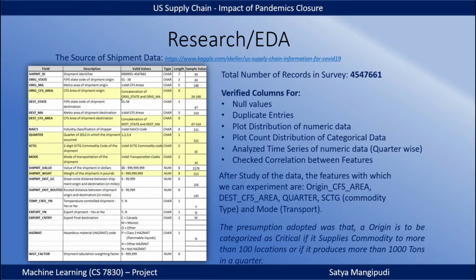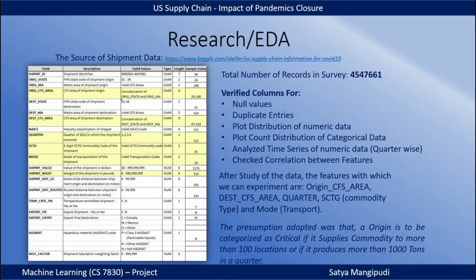Categorical data turned out to be good. The quarter column was analyzed for time series. Correlation between features was checked too, with mixed results. After the first pass study of the data, the features with which experiments can be initiated are origin CFS area, destination CFS area, quarter, SCTG, and mode.